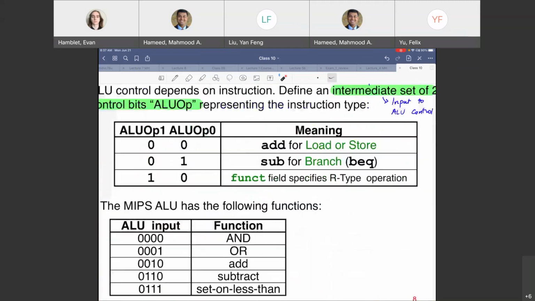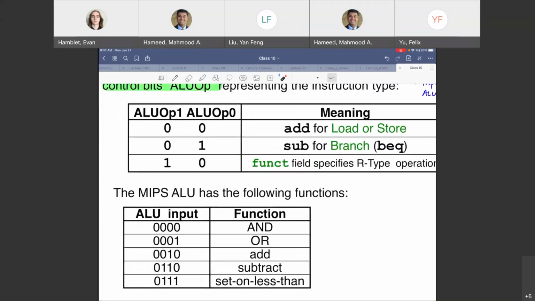Next. Now, when you go into the function field, which is for R-type instructions, here are your R-type instructions: and, or, add, subtract, set on less than. For that, you have an ALU input of these values, arbitrarily assigned: 0, 1, 2, 6, and 7. So here is the thing.